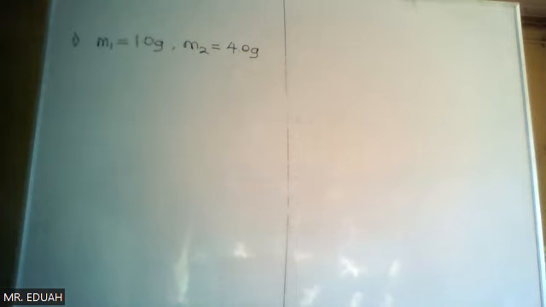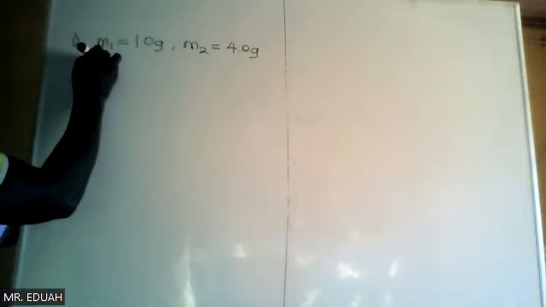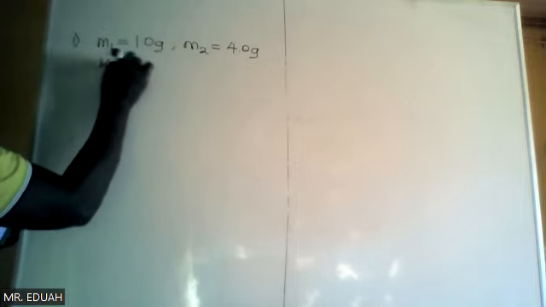They are moving with equal kinetic energies. So it means that the kinetic energy of 1 is equal to the kinetic energy of 2.